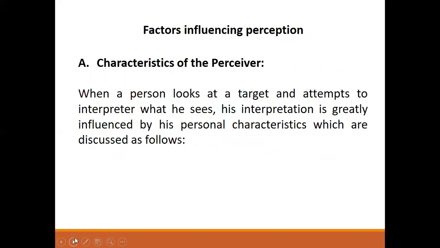The first one, characteristics of the perceiver. When a person looks at a target and attempts to interpret what he sees, his interpretation is greatly influenced by his personal characteristics, which are discussed as follows.